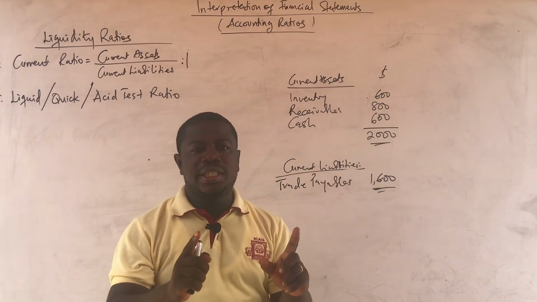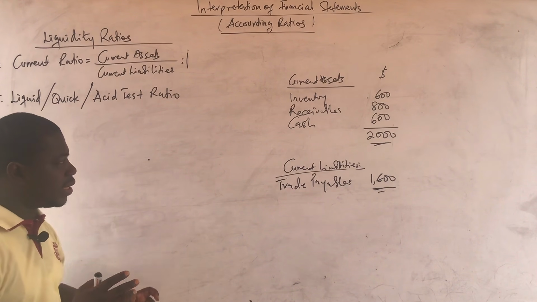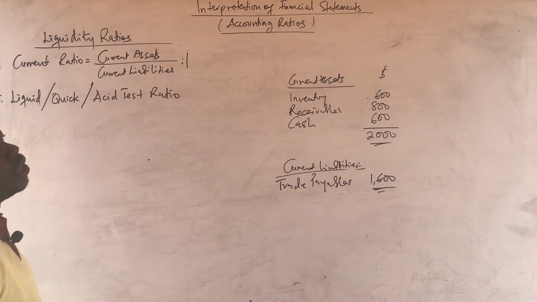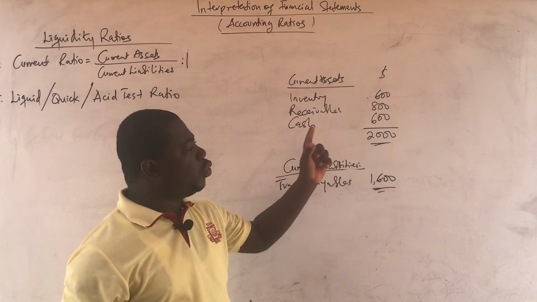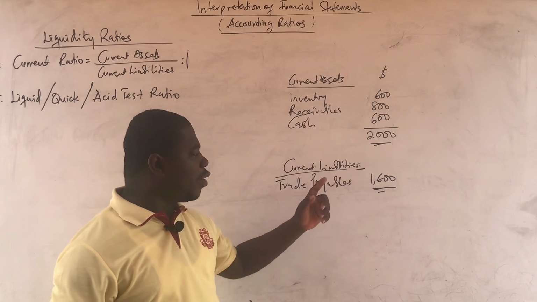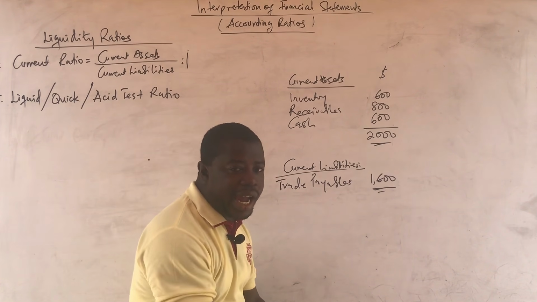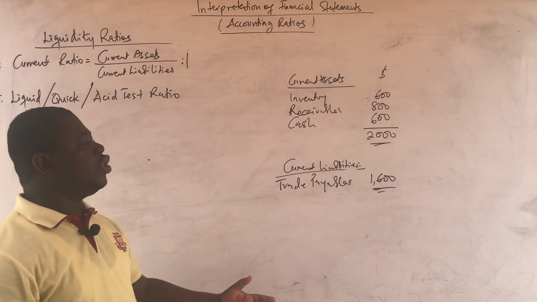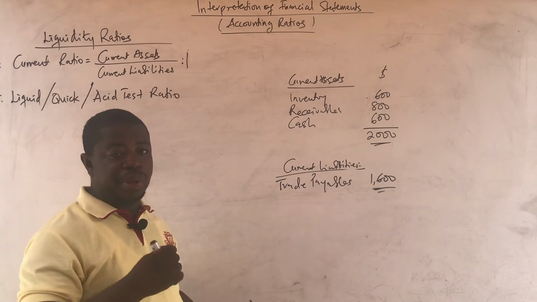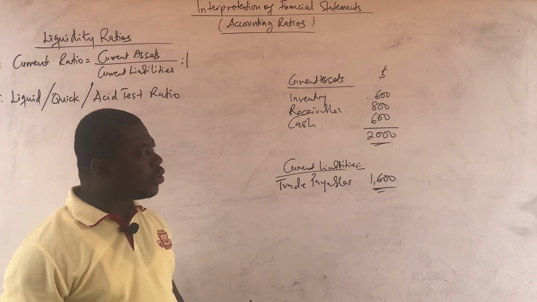Now, this is why this ratio came about. There is a school of thought that thinks of something, and let us analyze that. Have you realized that we are saying that we have 2,000 current assets and we can pay off 1,600, and it's positive? So if your creditor should run to you right now that your debt is due, you have to pay, then it means that you know you have 2,000. But let us also take note of something.